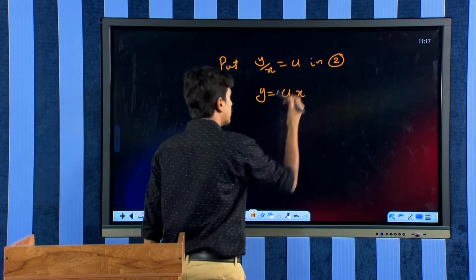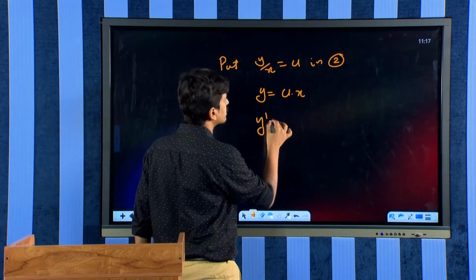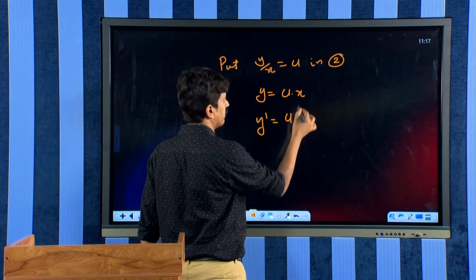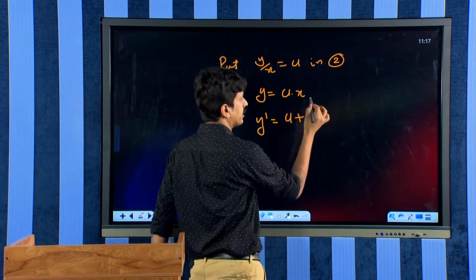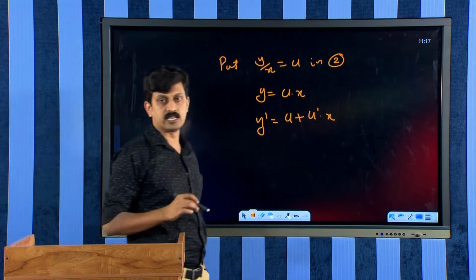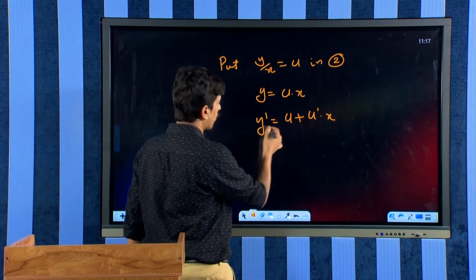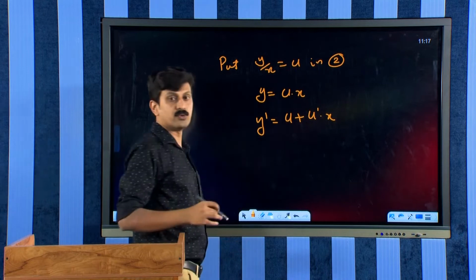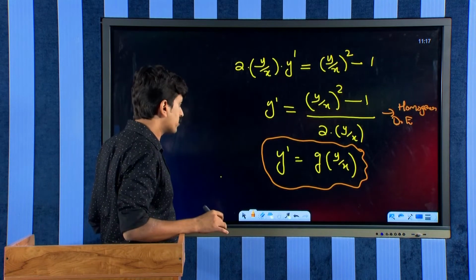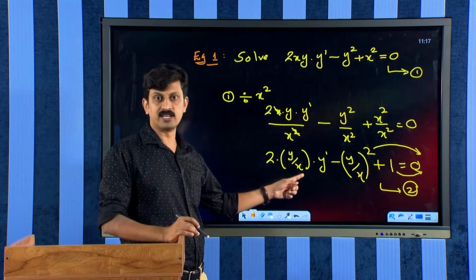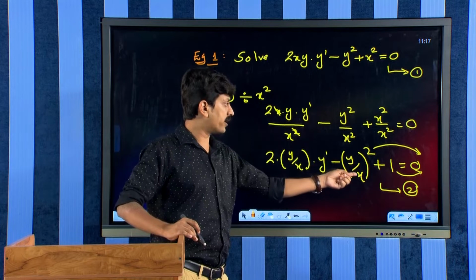So, we can differentiate, we have y dash is equal to u into derivative of x, which is 1, plus u dash, derivative of the first function, into x. Now, y dash is equal to u plus u dash into x. So, we can come back to equation number 2, with 2 into y by x as u, substituting for y dash, where y by x is u.